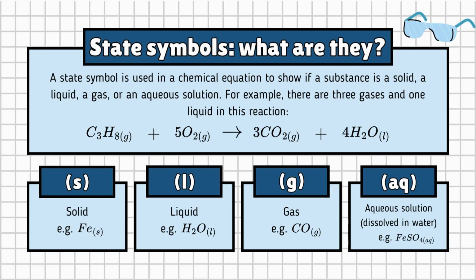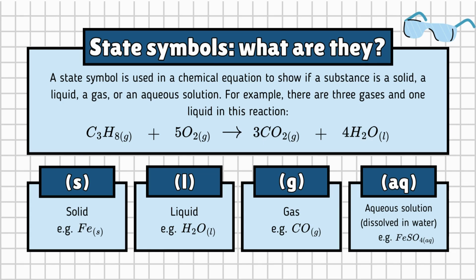If you look very closely, there are letters, there are numbers, and then there are some small letters contained in small brackets after every chemical molecule here. You can see we have a letter G, a letter G, a letter G, and then a letter L. What does this mean? Whenever you see the letter L, it means that it is a liquid.